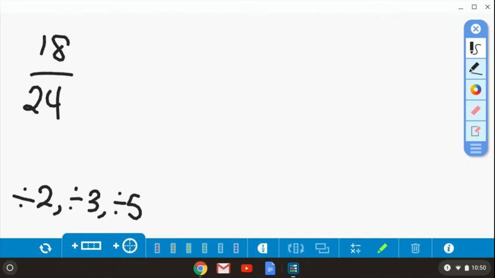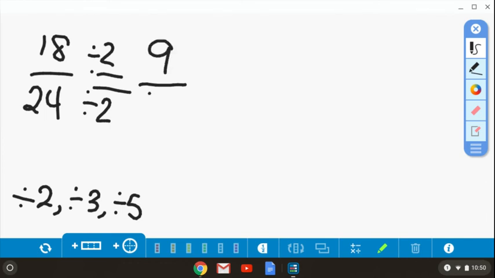In this case, looking at 18/24, I know that I can divide by 2 because they're both even. And now 18 divided by 2 is 9, and 24 divided by 2 is 12. And I know that because I can look on my multiplication chart and look at my 2's. Those are pretty easy.